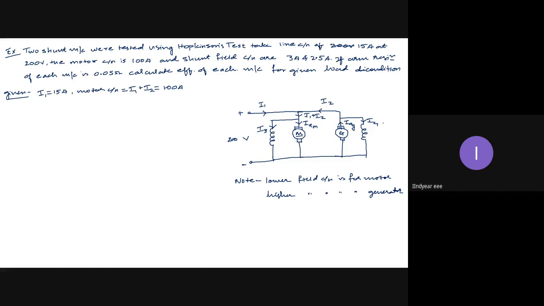But if it is not mentioned, then by default, the lower value will be for motor and the higher value for generator. Generally, it will not be mentioned. Then my I3 is 2.5 amperes and I4 is 3 amperes.